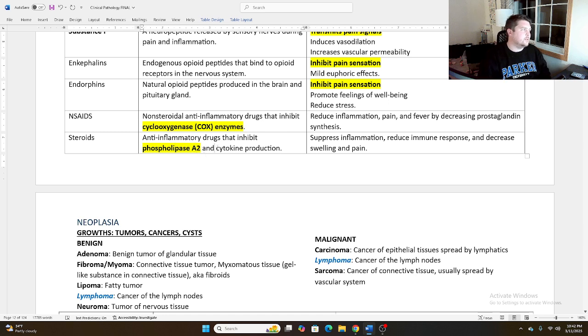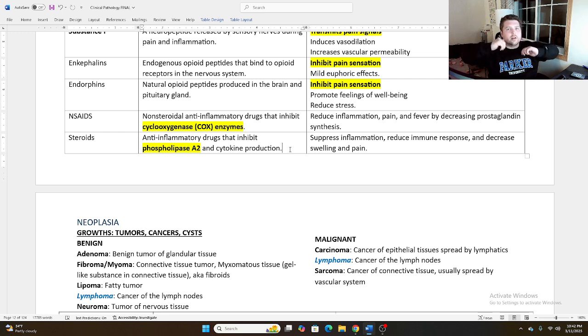Phospholipase A2 is one of the enzymes that is involved in actually clipping some of the phospholipids that give us arachidonic acid. Arachidonic acid is the parent of a lot of our different inflammatory mediators.